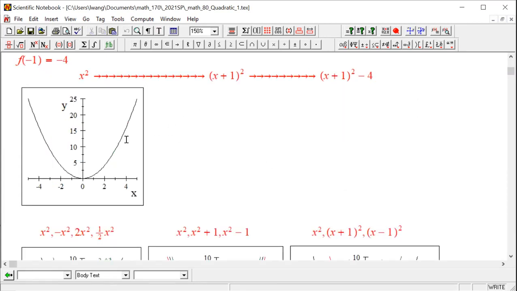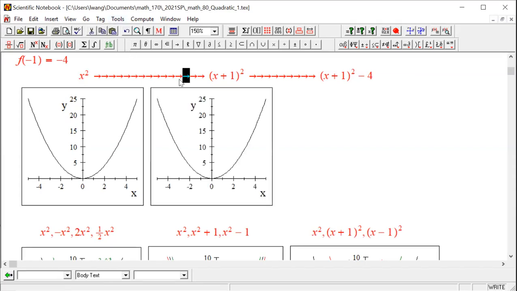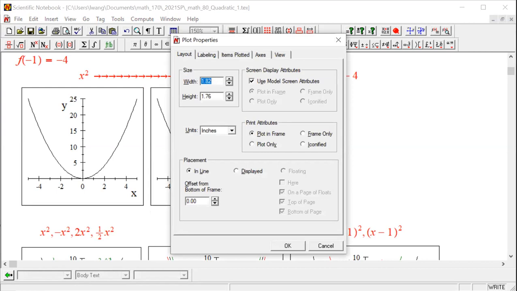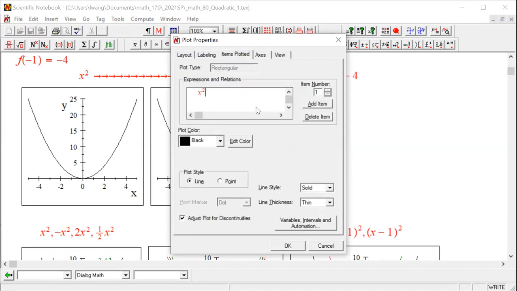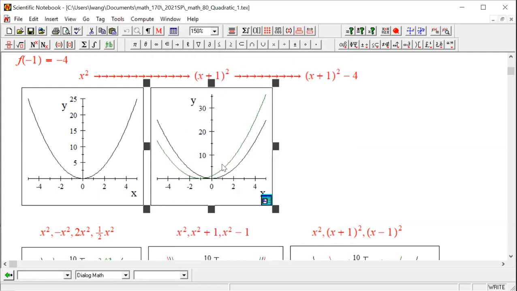So we're going to use the green. (x + 1) squared is shifted to the left by 1 unit.